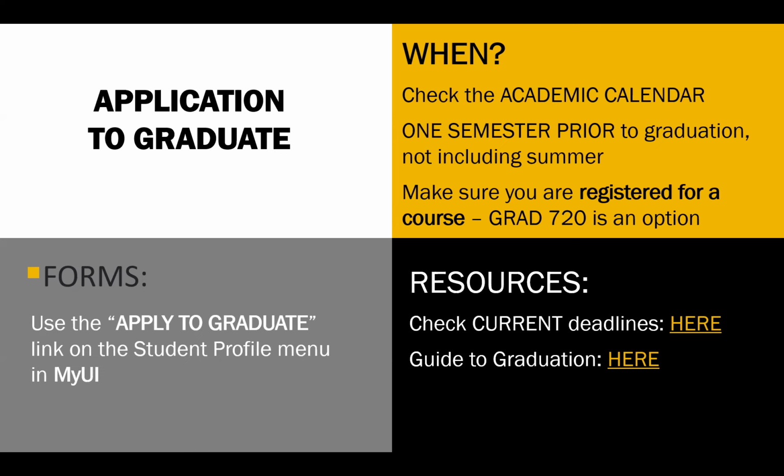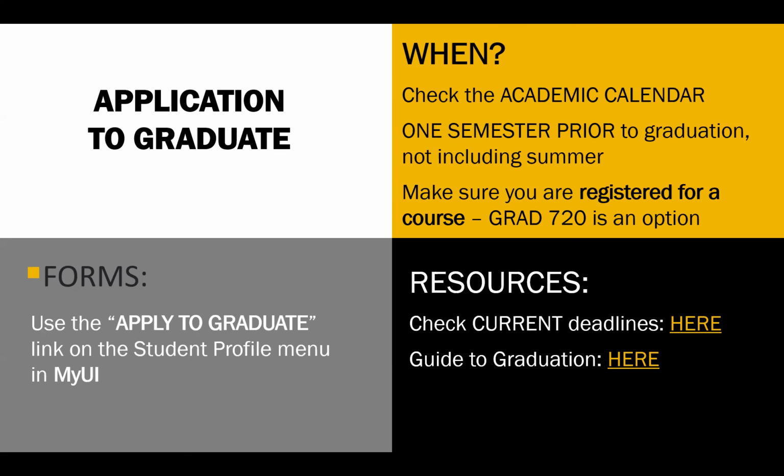But I do want to encourage you, even if you're not sure if you're going to graduate, like I am not 100% positive that I'm going to graduate in May, but I'm going to apply to graduate before the deadline. And that is mainly because COGS will hold on to that application to graduate until you're sure, until we know, okay, this stuff got done, everything is submitted, everything is good to go.